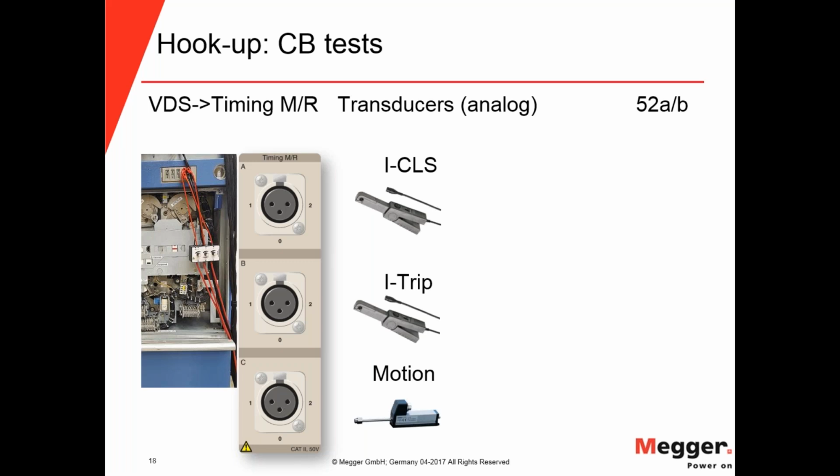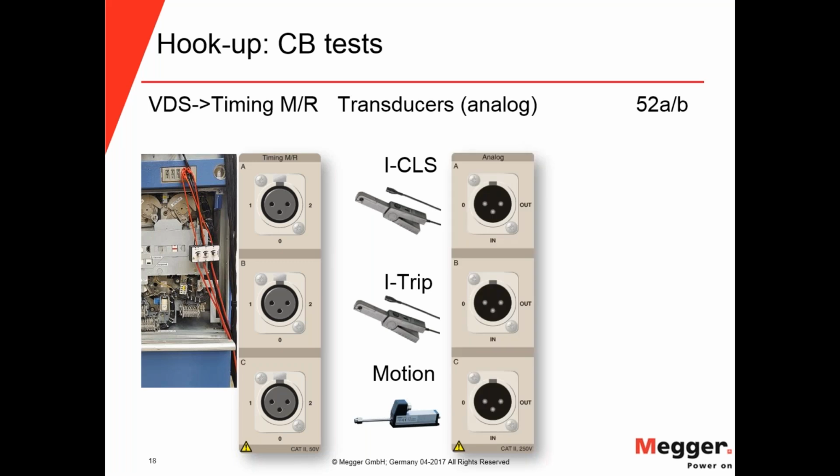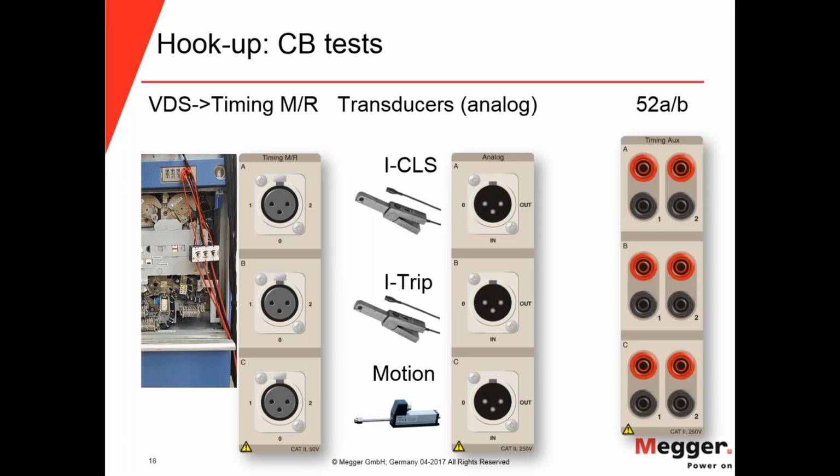Optionally you can have a motion measurement also, but that requires some precautions we'll talk about later. These signals are measured by the analog channel, and for the 52A and B switches, the auxiliary switches, you can use the auxiliary module to measure timings of auxiliary contacts.